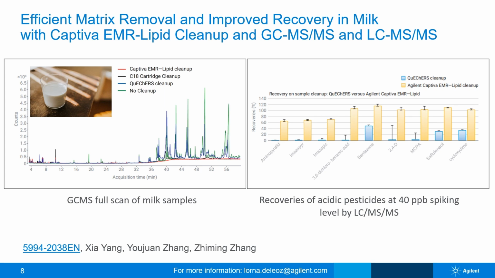The Captiva EMR lipid cleanup also removed late eluent interferences shown after 30 minutes retention time, which are significant sources of instrument contamination. Then on the right, pesticide recovery results in milk show that QuEChERS dispersive SPE cleanup in blue caused significant loss of acidic pesticides, while the Captiva EMR lipid cleanup showed acceptable recoveries.